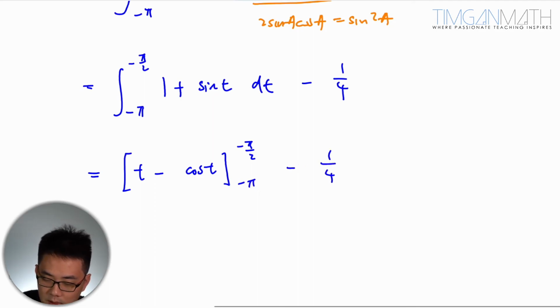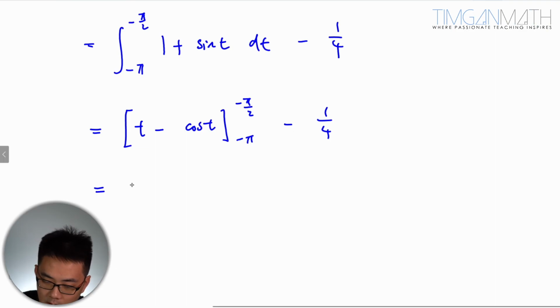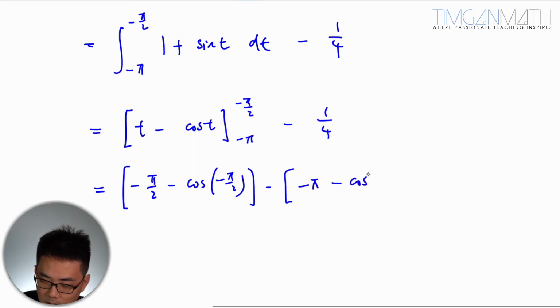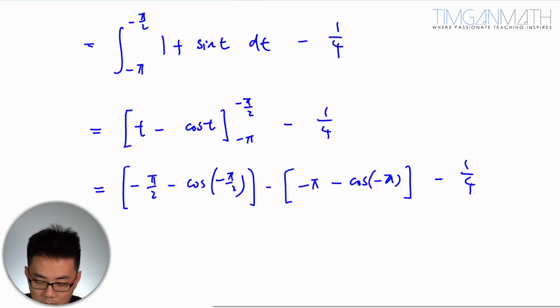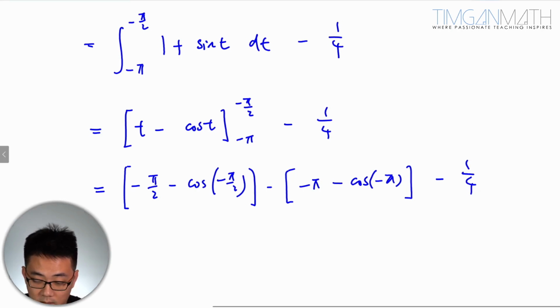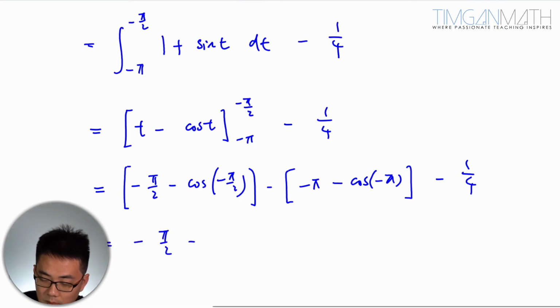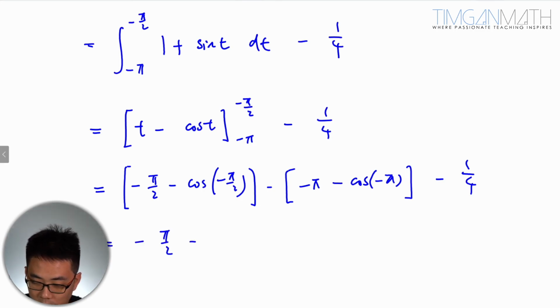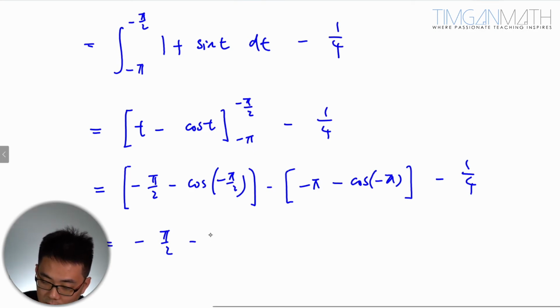That will give us minus pi over 2 minus cosine of minus pi over 2, minus minus pi. Moment of truth. Cosine negative 90 will be 0. So that will be minus pi over 2 minus of cosine minus 180, which will be negative 1.